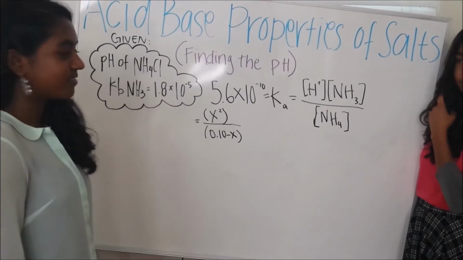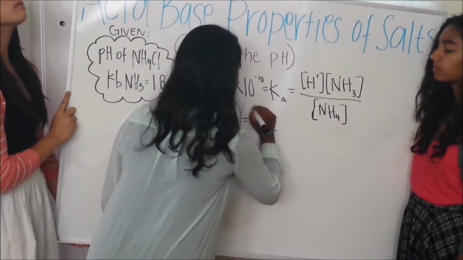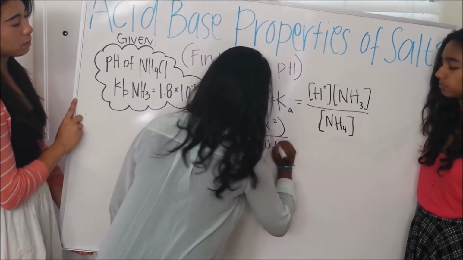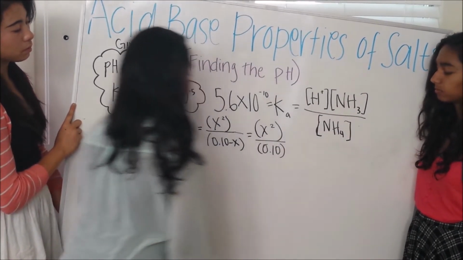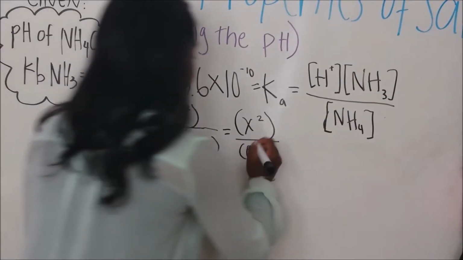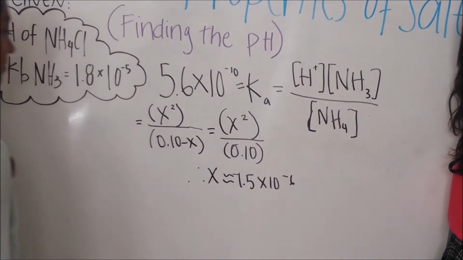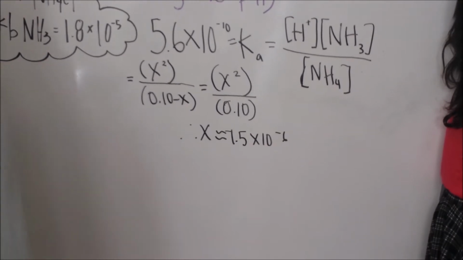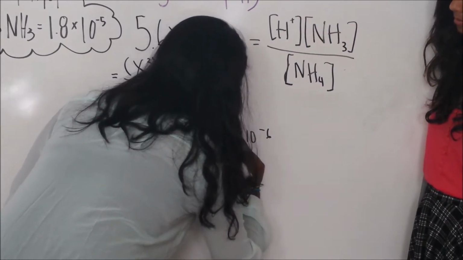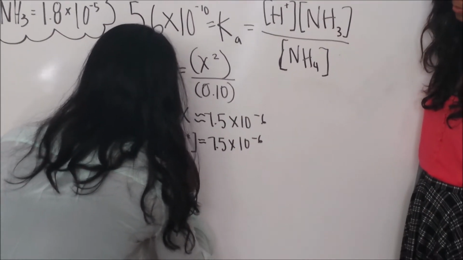Since the Ka is so small, we can say that by the 5% rule, x is so small that it's insignificant. We can simplify this to be x squared over 0.10. If you plug that into your calculator, you get x is approximately 7.5 times 10 to the negative 6. That can be assumed to be the concentration of our hydrogen ions. To find the pH, we take the negative log of this concentration, and we get a pH of 5.13.